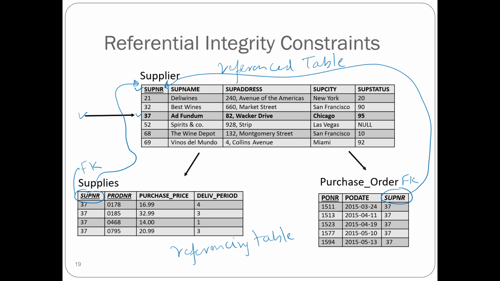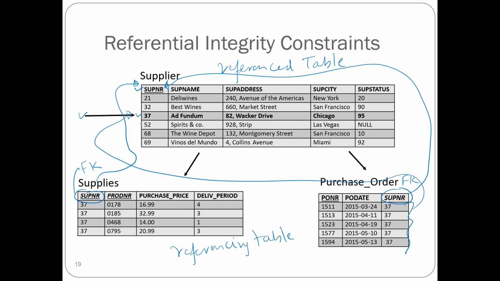In purchase order also, all the 5 tuples that we have are referring to the same tuple of the supplier named Ad Fundum. Okay, now we need to discuss all the options that we saw in the previous slide.